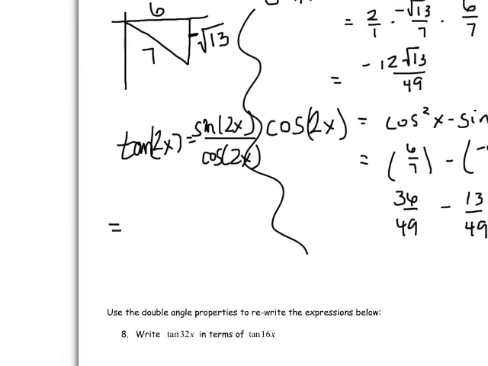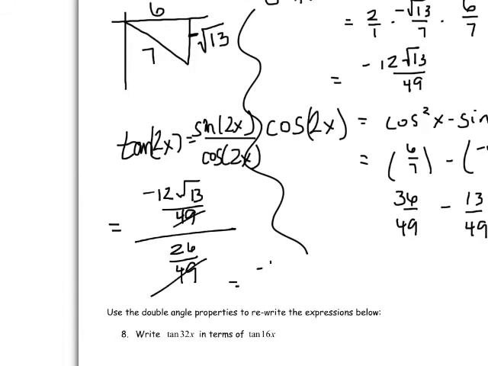So my top is negative 12 root 13 over 49 all over 26 over 49. So I get negative 12 root 13 all over 26. Ooh, and unfortunately this does simplify one more time, 2 and 2, so that's 6 and 13. Negative 6 root 13 over 13.